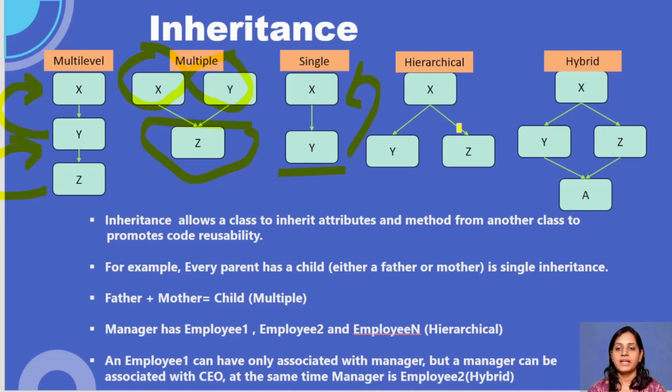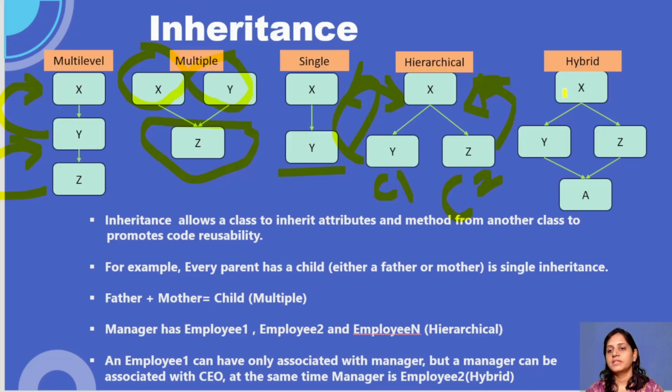This is called the hierarchical concept of inheritance. One class, this is my parent, okay, and this is my child 1, this is my child 2. This is getting all things from x, this is again getting all things from x. That is how hierarchy works.